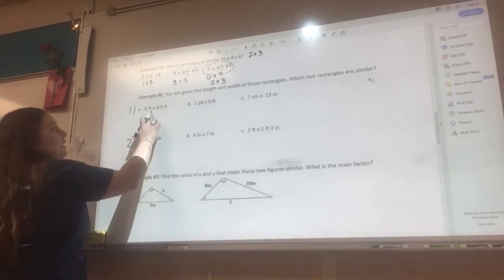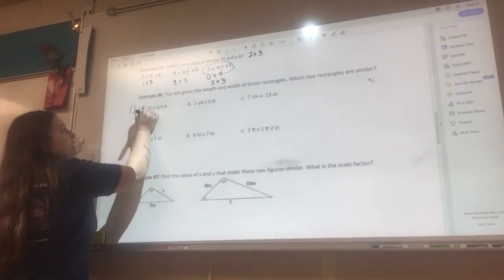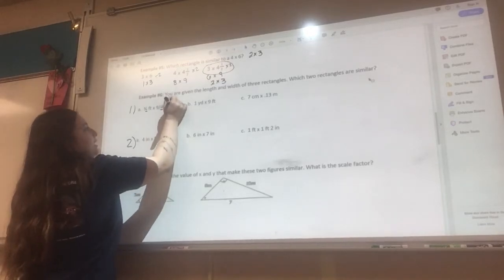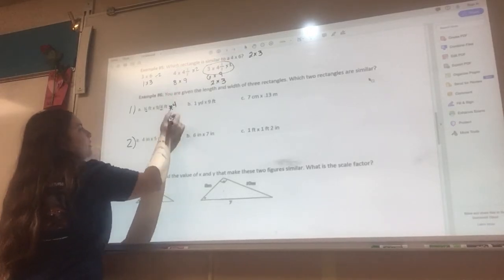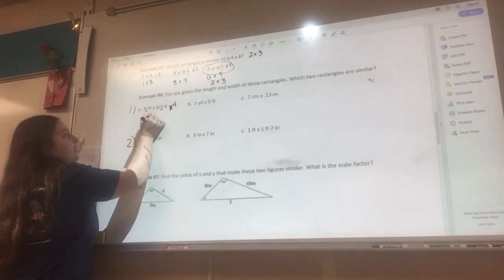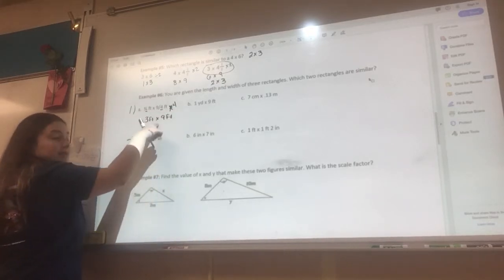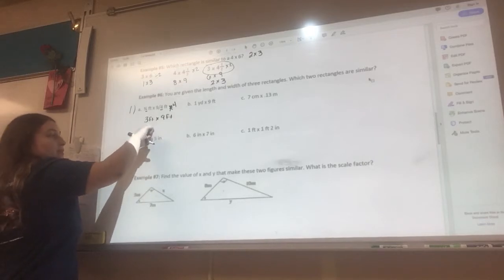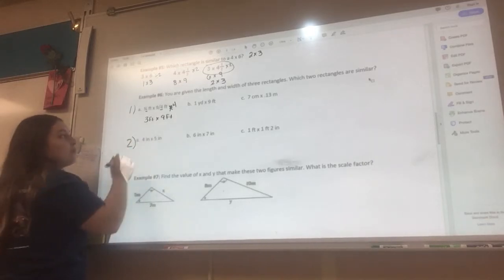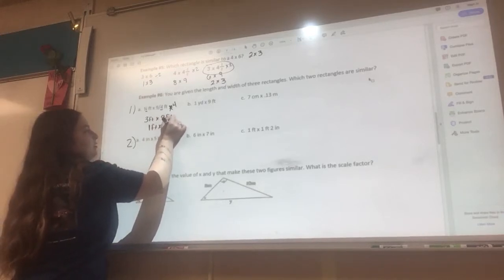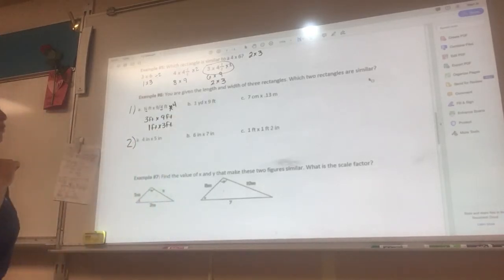Again, we don't like fractions, but they have the same denominator of 4. So I'm going to multiply it by 4, and we're going to get a 3 feet by 9 feet. That's a little easier to deal with. Since it's a 3 and a 9, we can take out a 3 to get a 1 foot by 3 foot. So we've got a simplified proportion here.